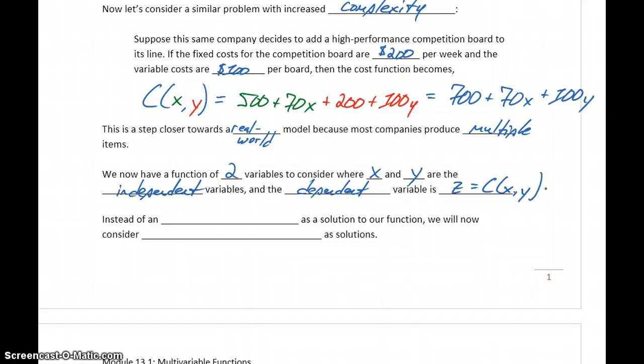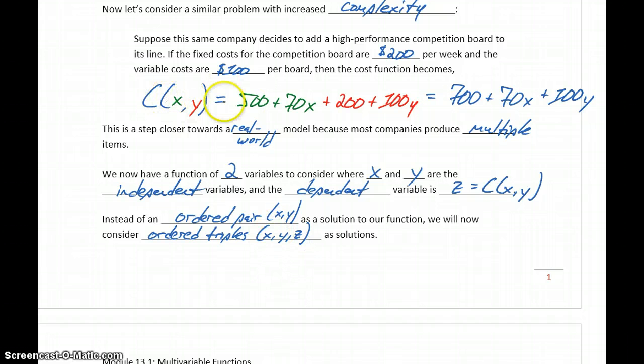for x and y. So typically x has been our independent variable, y is the dependent. Now x and y become independent variables, and we have this third variable that we introduce, z. So instead of ordered pairs, x, y, which have typically been the solutions to some function, we'll now consider ordered triples, x, y, z.